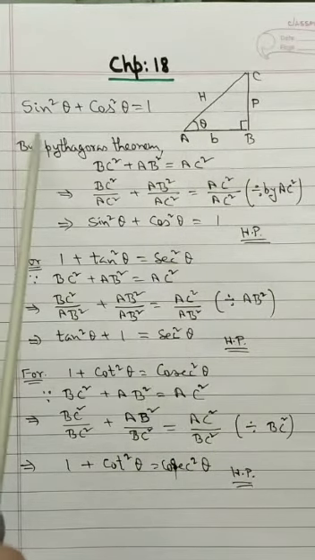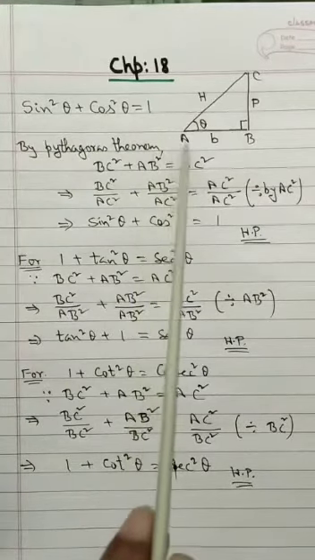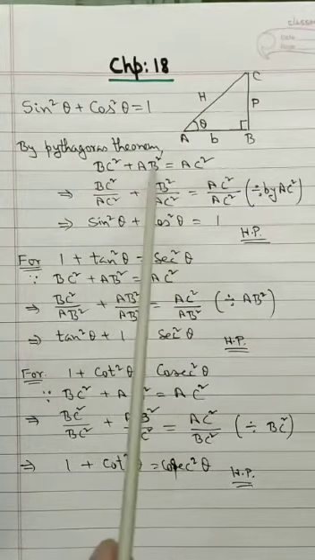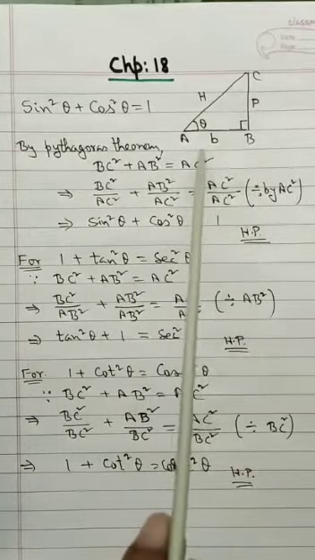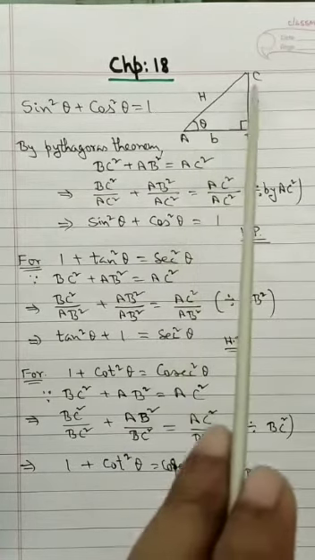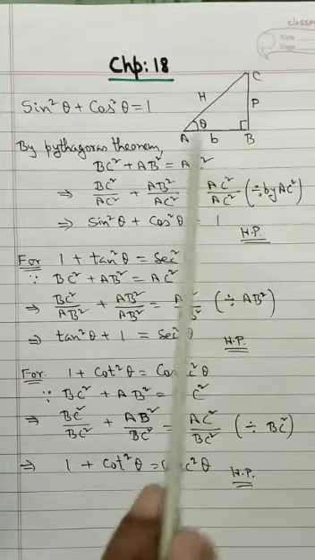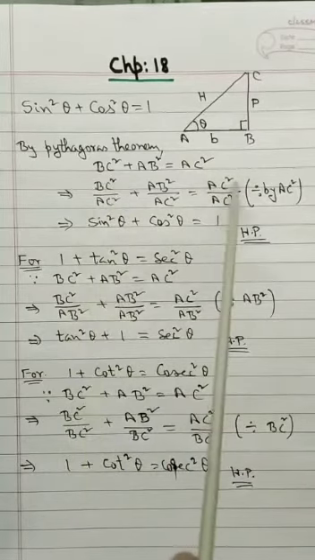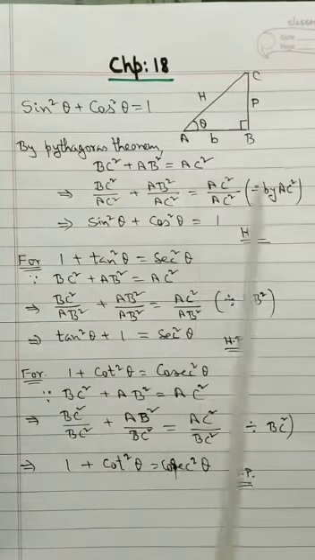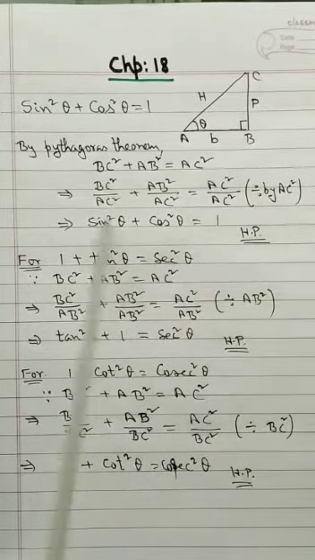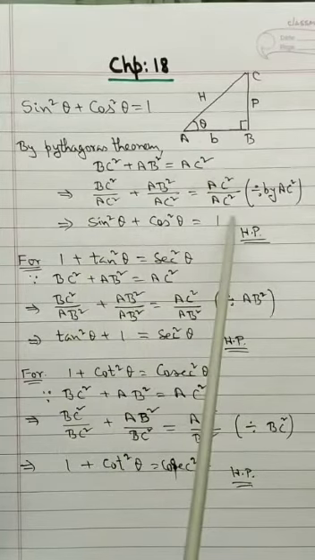Now for the proof of this, I have used the Pythagoras theorem. So in this triangle, the Pythagoras theorem is BC square plus AB square is equal to AC square. Now both sides I have divided by AC square. So this statement will come.